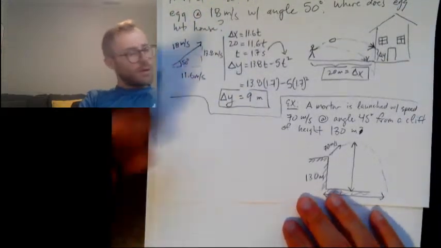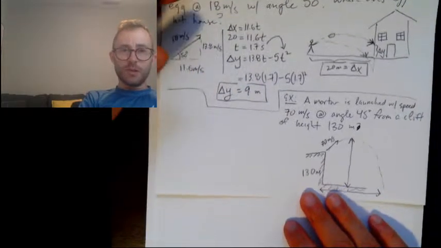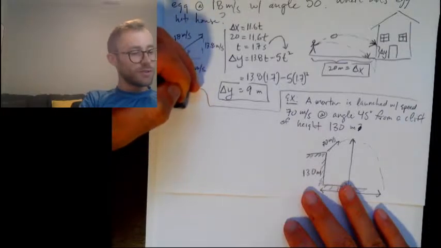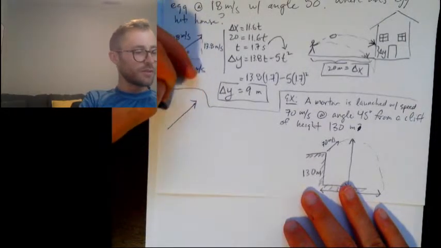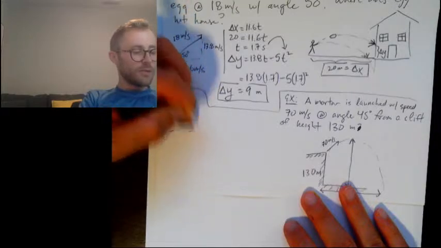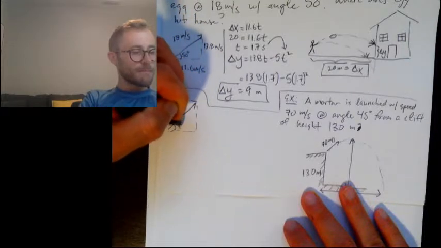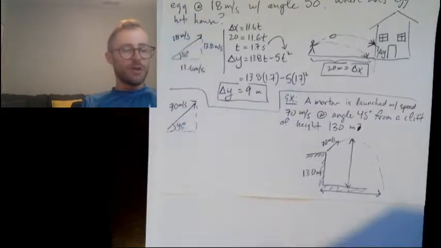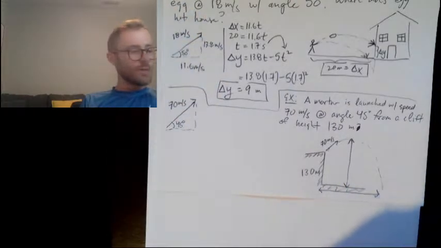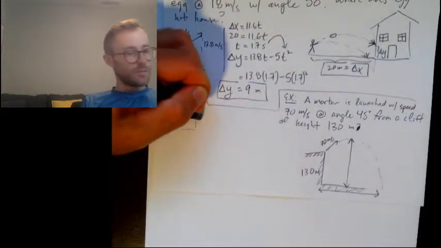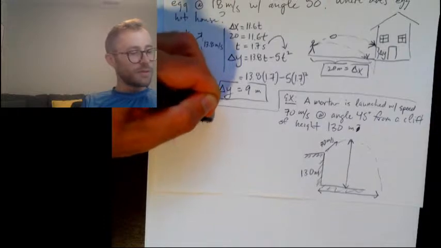So first thing we want to do is get our initial y velocity and our initial x velocity. So we have 70 meters per second and 45 degrees. Okay, so to get the vertical component, I have 70 times sine of 45, which is about 49.5 meters per second.